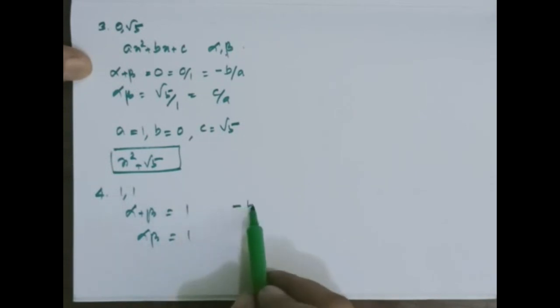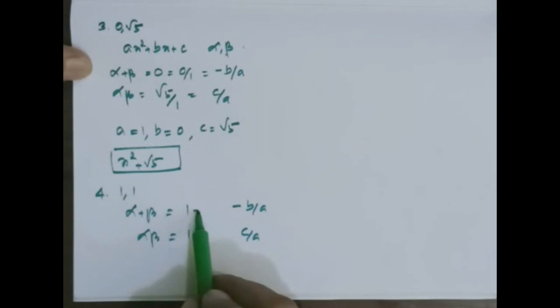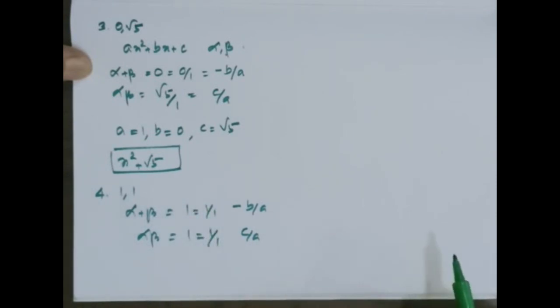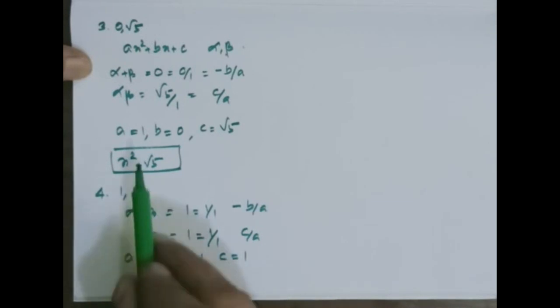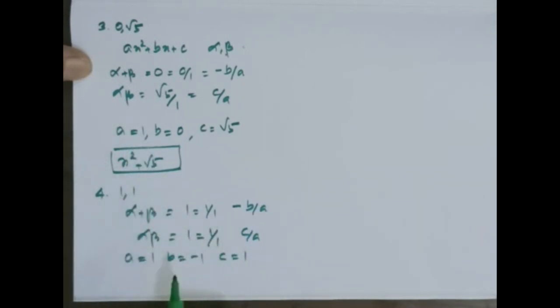This is minus b by a and this is c by a. So this can be written as 1 by 1, and this also can be written as 1 by 1. So what is the value of a? a equal to 1, b equal to minus 1 and c equal to 1. So what is the final quadratic polynomial? It is 1x square minus x plus 1.